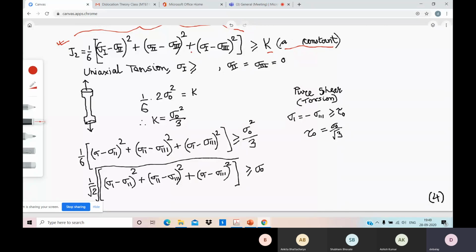So if it is applicable in general, it is also applicable to simple tensile loading, uniaxial tension. And we know in uniaxial tension yielding will occur when your applied maximum principal stress sigma 1 exceeds sigma naught, and sigma 2 and sigma 3 are equal to 0.